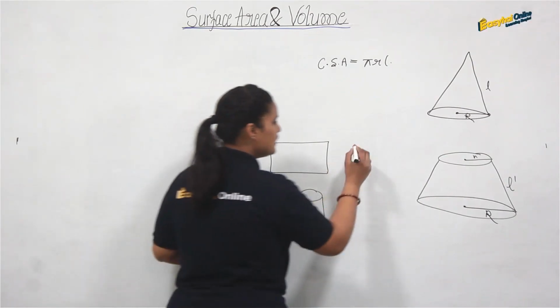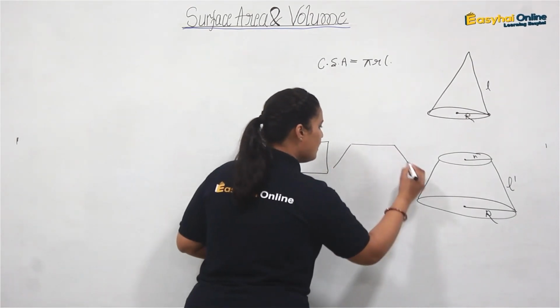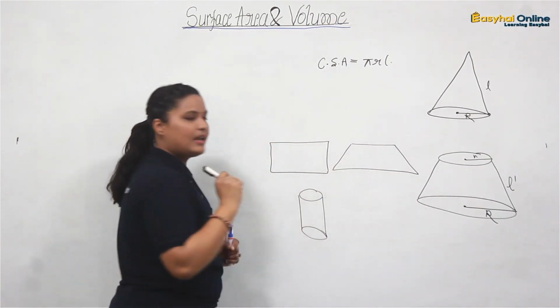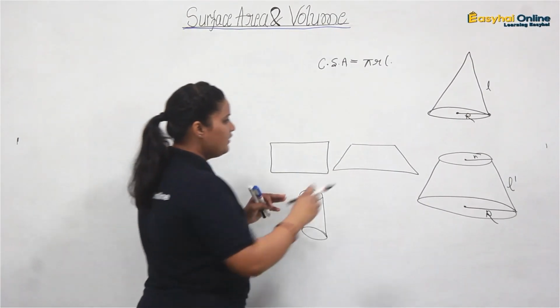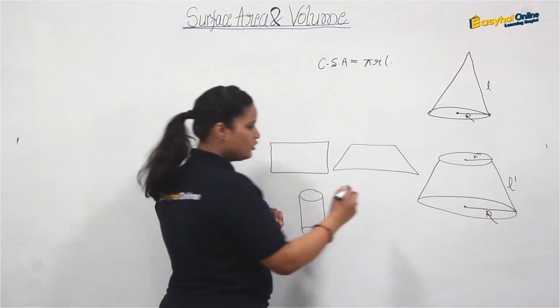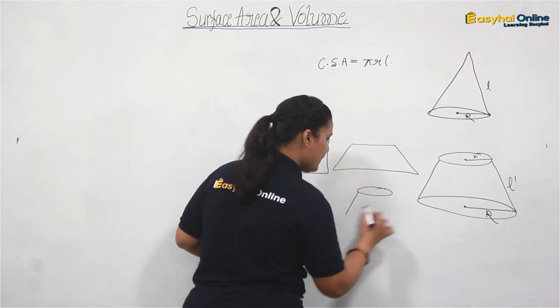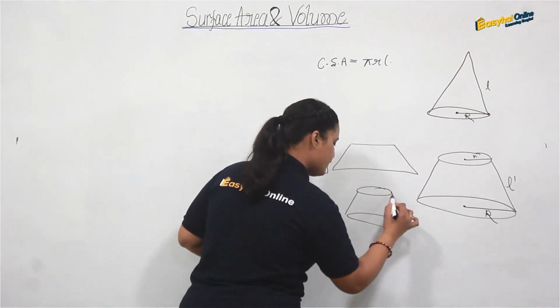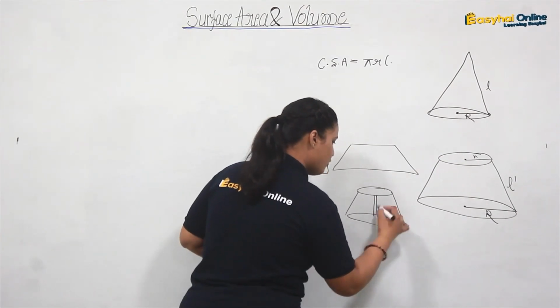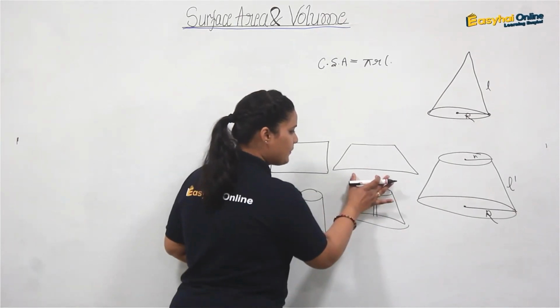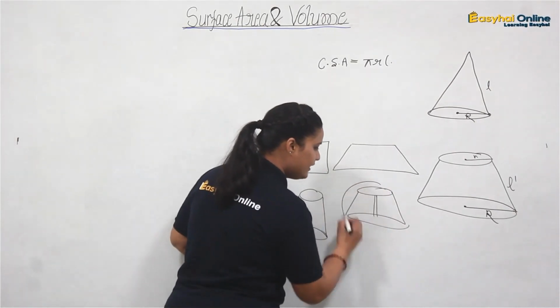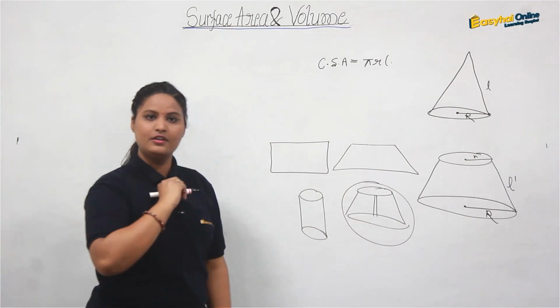But what if I give you a trapezium-like sheet? If I fold it, don't you think it will make such a figure? It will be folded over here like this, and when the trapezium is folded, it will make a frustum-like figure.